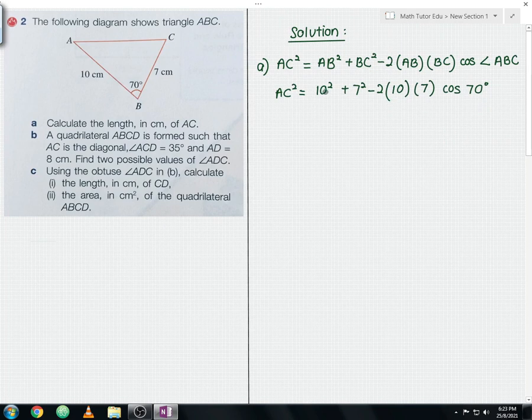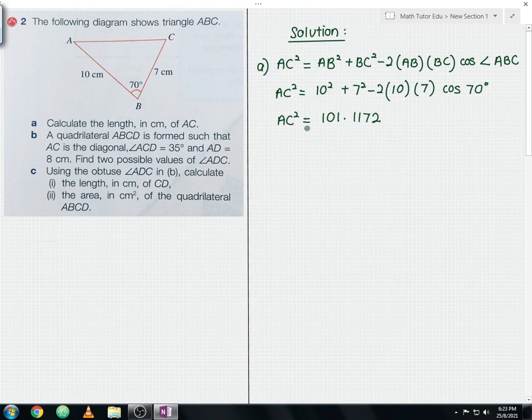Okay, you calculate everything. So from here you should get your AC square is equals to 101.1172. Okay, so I am expressing my working in terms of 4 decimal place.